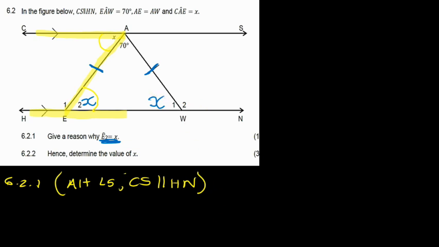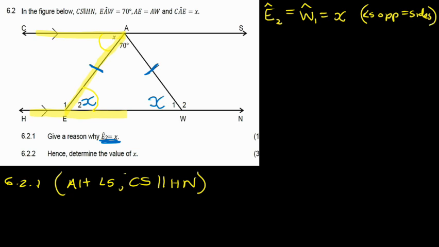Let's go ahead and do that. First things first, we need to state that angle E2 is equal to angle W1, which is equal to x. And the reason for that is angles opposite equal sides.